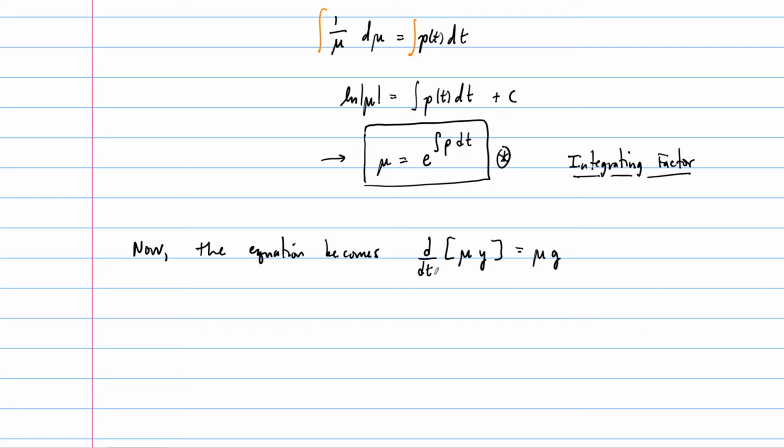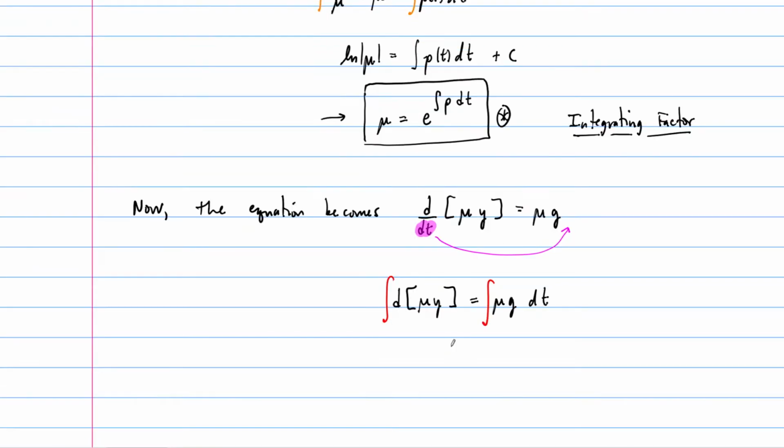And at this point, this is separable as well, because what we can do is take this dt and multiply to this side. And our equation becomes the differential of the product function, mu times y, equals mu times g dt, also a differential. So this has been separated. And now when we integrate both sides, the integral and the differential just cancel. And so this is going to leave us on the left-hand side with mu times y.